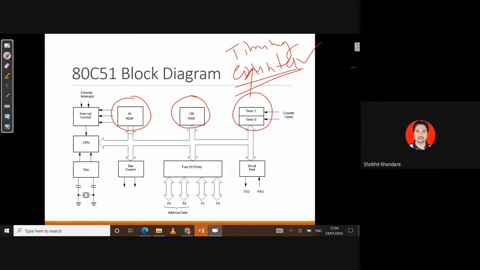और अगर I have to carry out some operation with synchronization with the time or clock pulses, then it is used as a timing or as clock pulses.